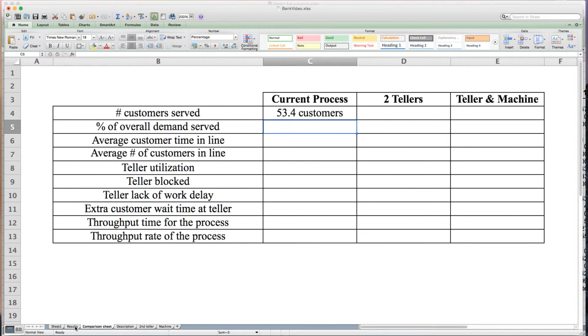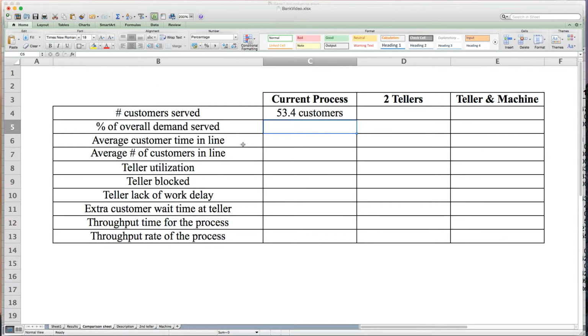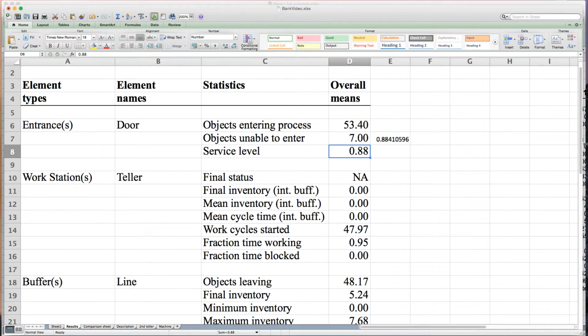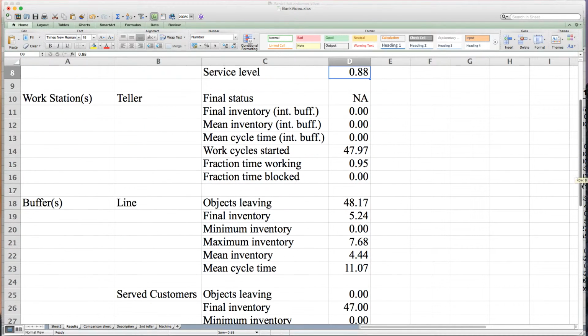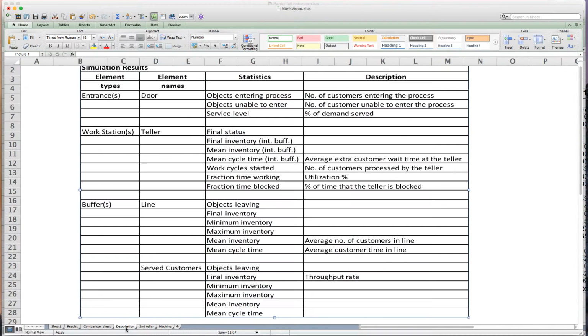Okay, percentage of overall demand served. We've got it, 88%. So let's pop that in. Okay, average customer time in line. So we want to go down to our line, and what we're going to do, remember when we went through that descriptor sheet for our lines, we saw that mean inventory and mean cycle time are the metrics that we're going to use for our wait line.